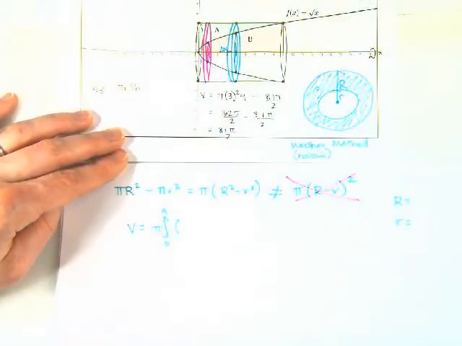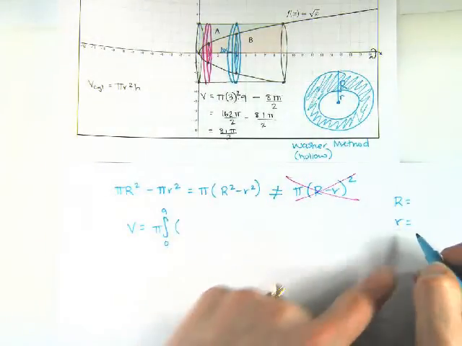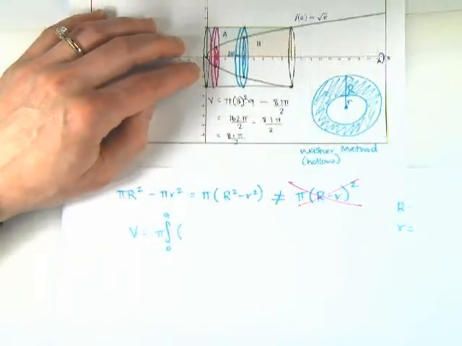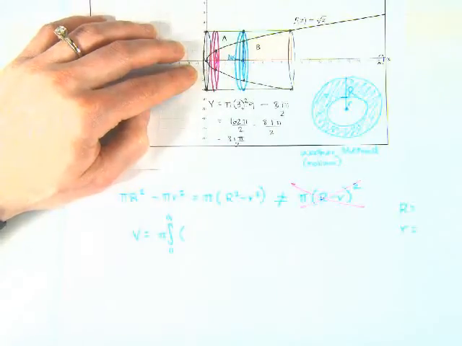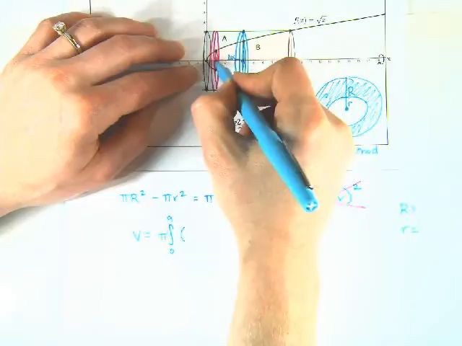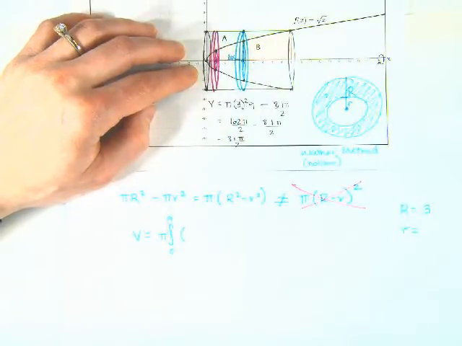So let's start with the big radius, which I think might be the easier one. The big radius gets measured from the x-axis up to here. Does it change? No, no matter where I go, my big radius is always 3.